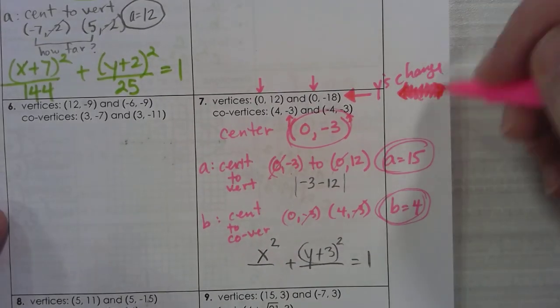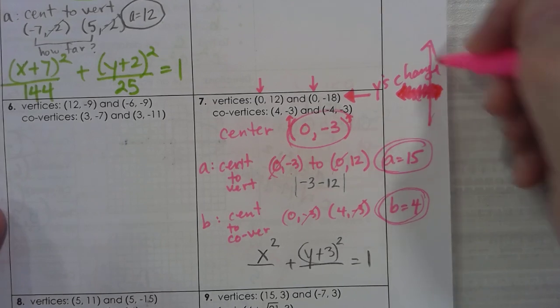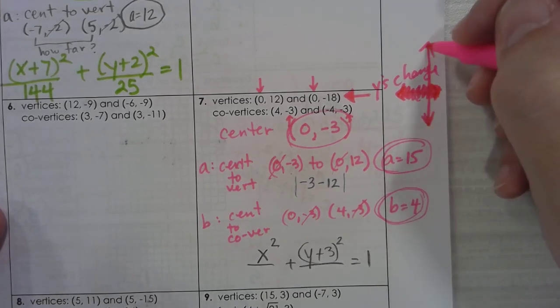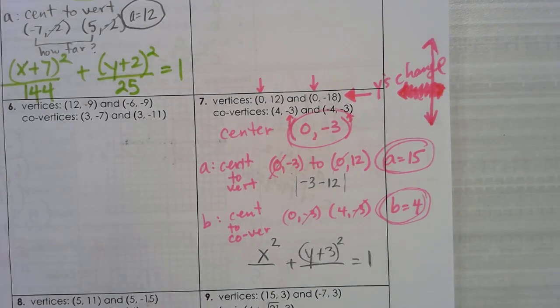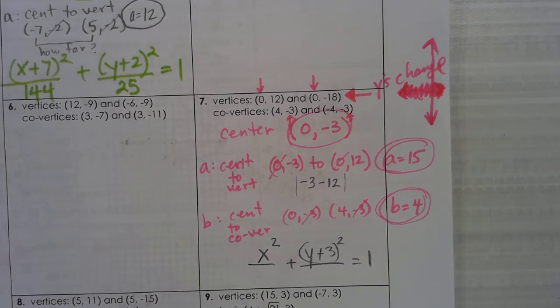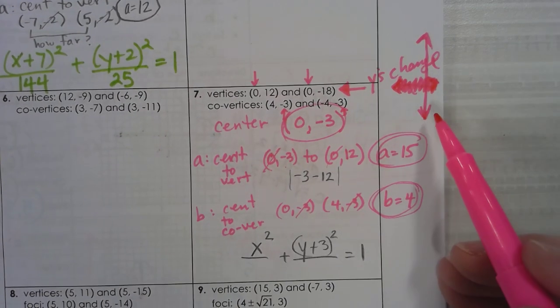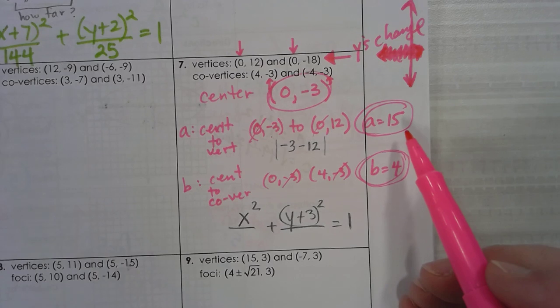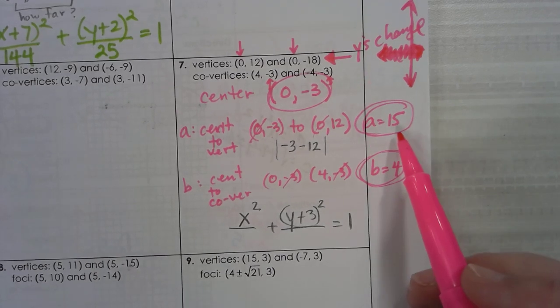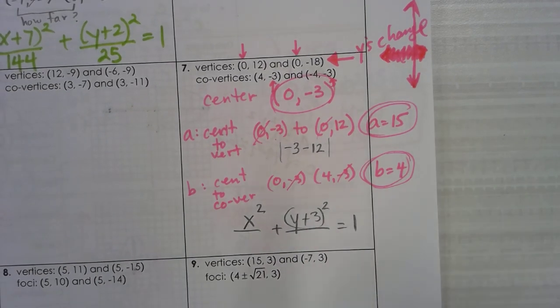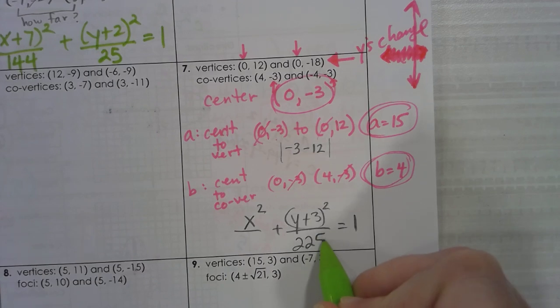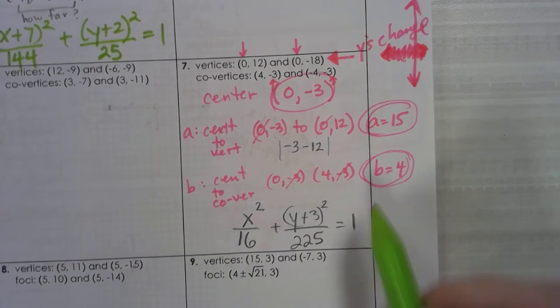Y's changed, so this is going to go up and down with our y's. I just drew my line sideways like I've been doing for everything else. So my y's changed, which means the bigger number has to be under the y. So 15 squared is 225, and 4 squared is 16.